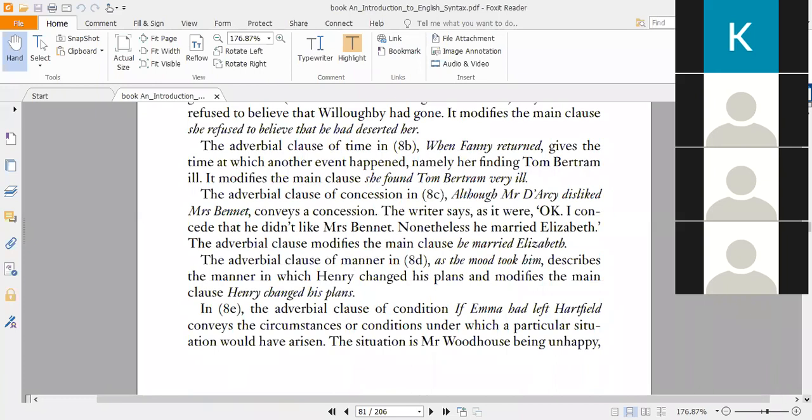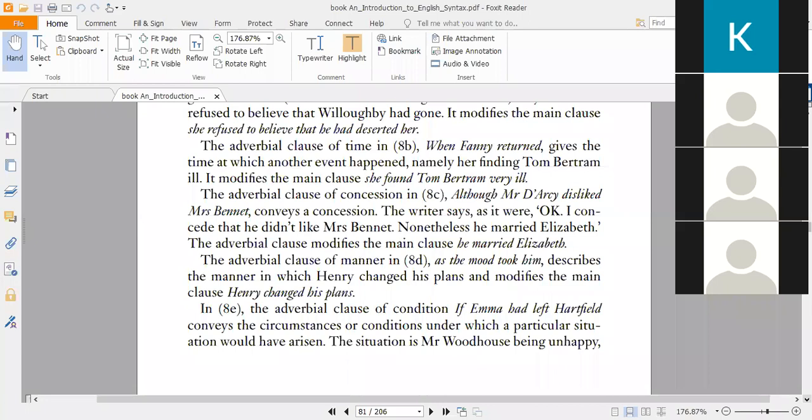The writer says, as it were, okay, I concede, that he did not like Mrs. Bennet. Nonetheless, he married Elizabeth. The adverbial clause of manner in 8a, as the mood took him, describes the manner in which Henry changed his plans and modifies the main clause, Henry changed his plans.